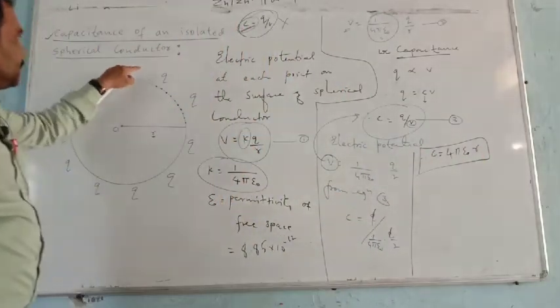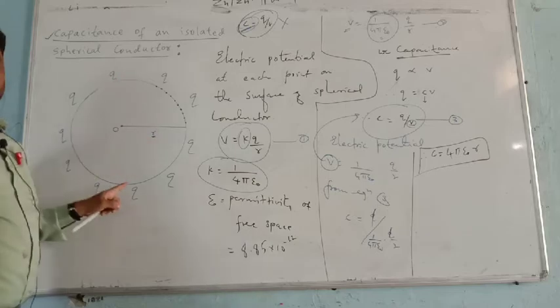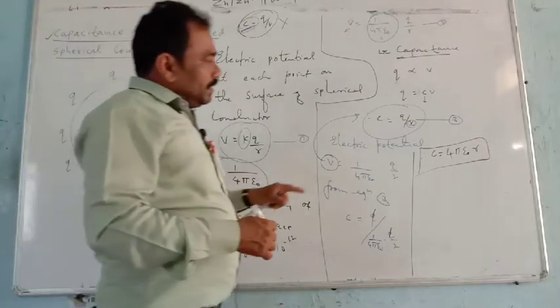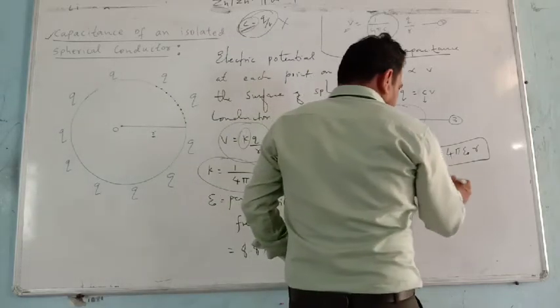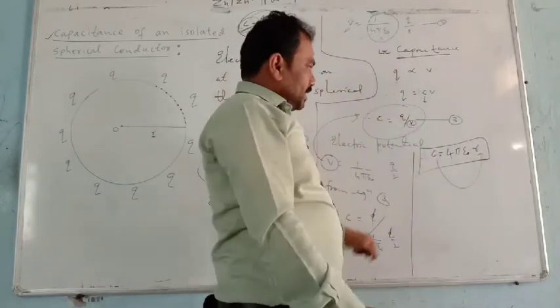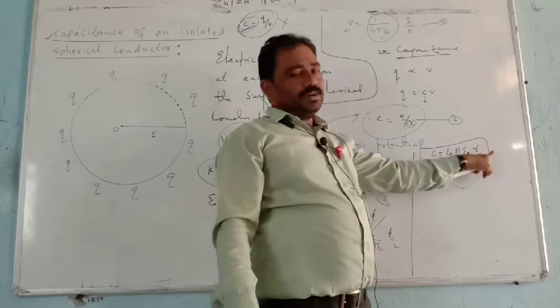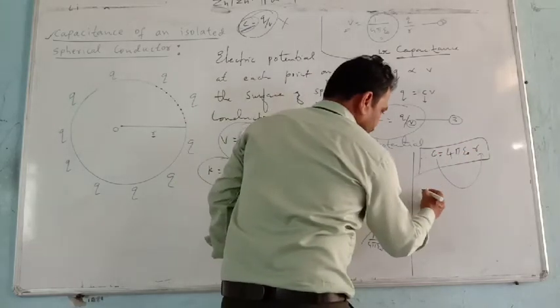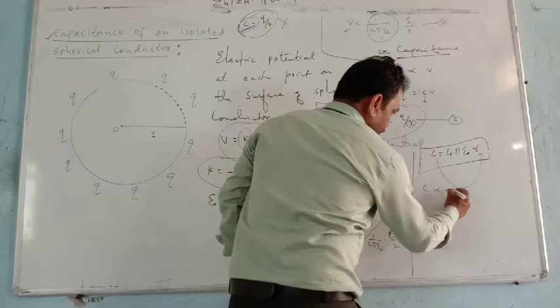Which body are we considering here? An isolated spherical body. So capacitance is directly proportional to R, that is, capacitance depends on the radius of the spherical body.